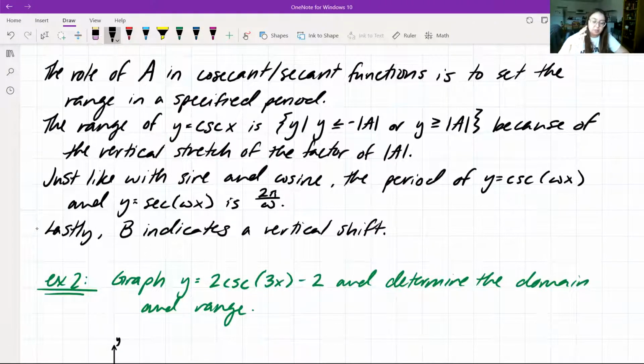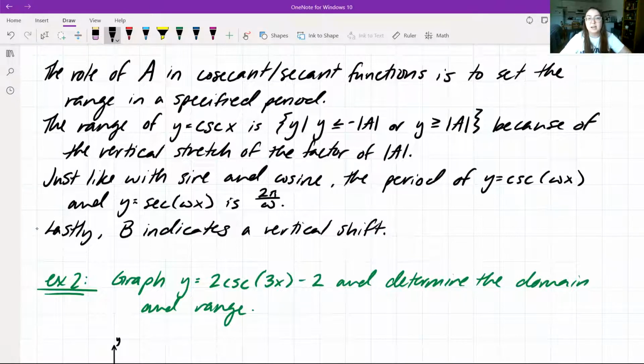So really what we're seeing with the range is that we have the negative or positive version of the absolute value of the amplitude, and our range exists less than the negative value and greater than the positive value.